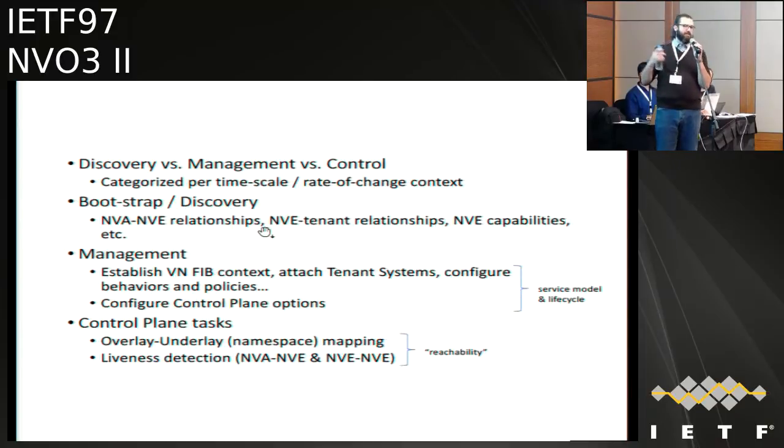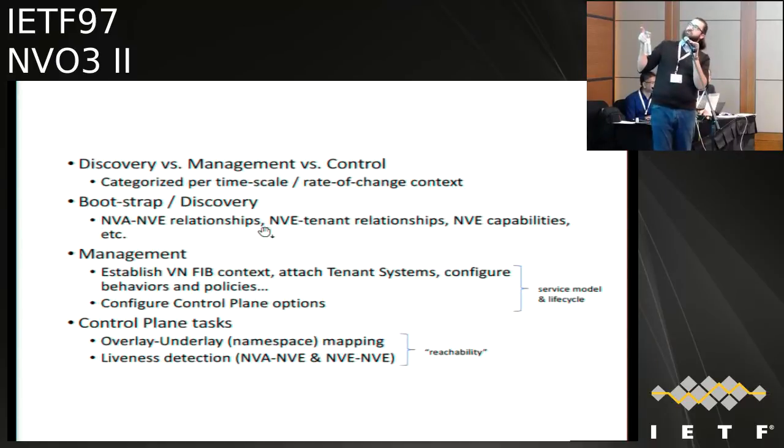For instance, you have a set of activities, which I call bootstrap and discovery, where NVEs come online and have to establish a relationship with an NVA. Maybe that's something you configure statically. Maybe it's something your DHCP server tells you. There's a bunch of ways you might think about it, but it doesn't change all that frequently. There was a discussion about whether that scales if you have one NVA for all NVEs, or if NVEs might, for different tenant networks, have relationships with different NVAs. And that's an open question we didn't answer.